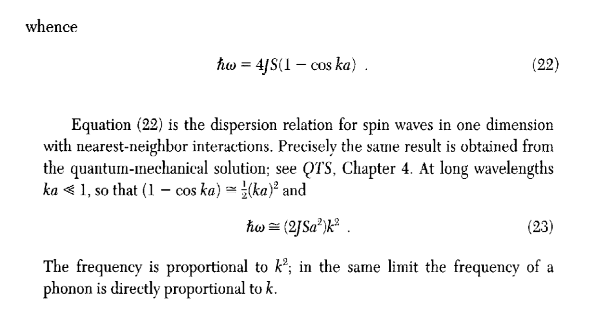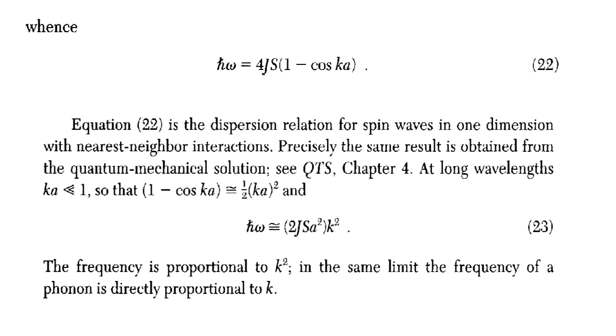We can extend this for long wavelengths, where k equals 2 pi by lambda, the wave vector. At long wavelength ka is much smaller, so 1 minus cos ka can be approximated as half of (ka) square. On substituting here, you will get h cross omega approximately 2JS a square into k square.